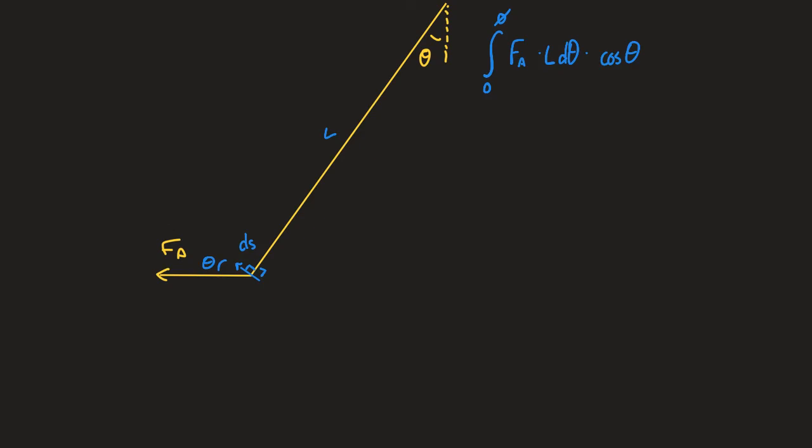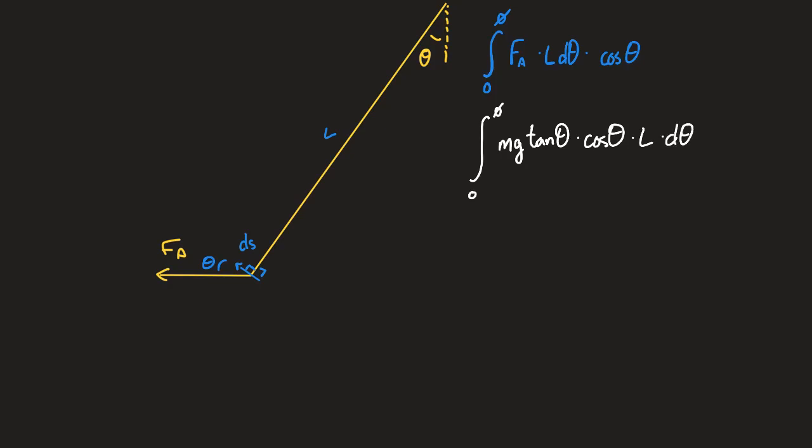So let's do a couple substitutions. Substitution number 1. FA is mg tangent theta times the cosine of theta times L times d theta.